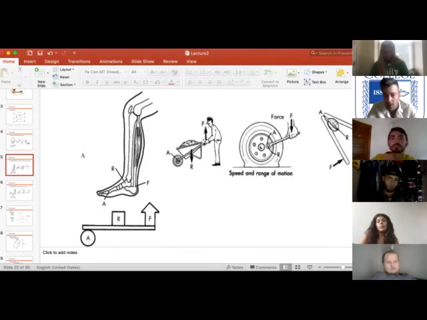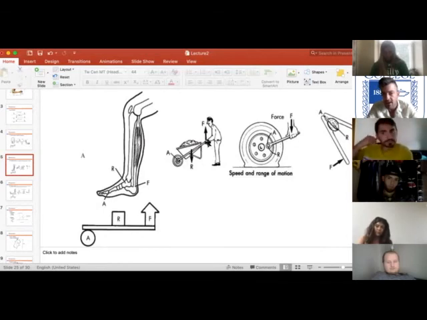So the torque that I can produce by lifting up on the handle, because the handle is further away from the axis, is overall much greater than the torque associated with this resistance.